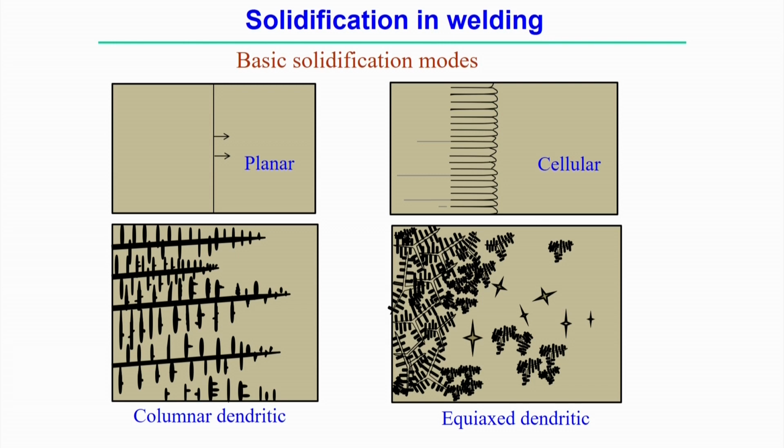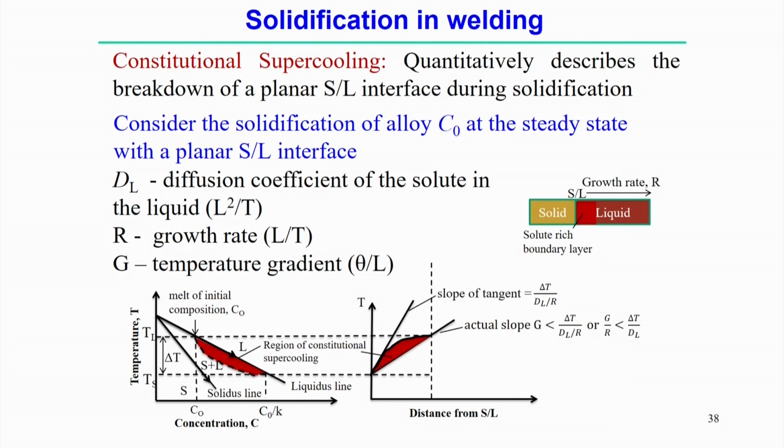These are the typical solidification modes we normally observe in solidification and welding, but to analyze these things with a little more quantitative analysis of solidification, we can look into constitutional supercooling.